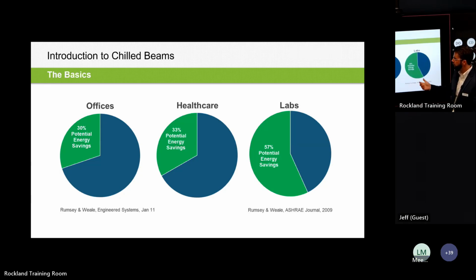And a lot of that comes into play really with, if you think about offices and healthcare, you're seeing a similar energy savings potential. A little bit more with healthcare because again, the outside air change rates, the minimum that's required for these spaces are really dictating how much we can reduce it with the chilled beam system. When you think of labs, they have such a higher heat load.